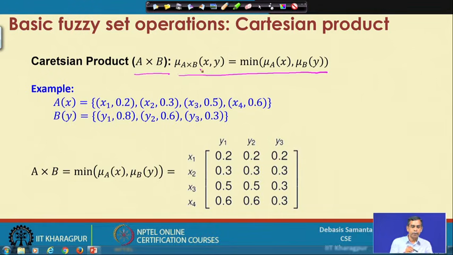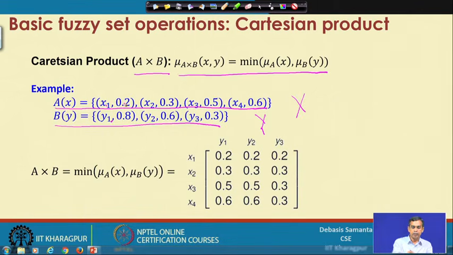Now, for an example, suppose A is a fuzzy set defined over a universe of discourse X, and B is another fuzzy set defined over another universe of discourse Y. Then the product A cross B can be defined as follows: here take x1 and y1, and then take the minimum.